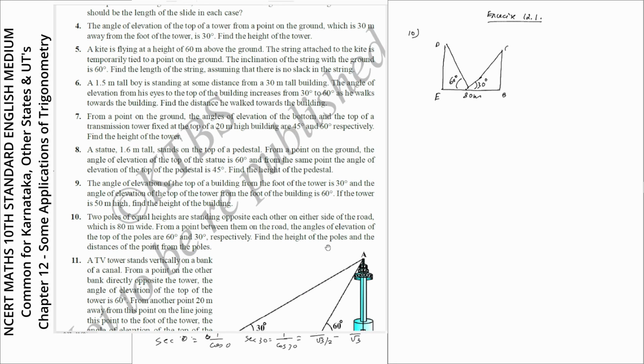Now I should find the height of the pole, that is D I should find, and BC I should find, and also find the height of the pole and the distance of the point from the poles. I'll call this point as A. I should find EA and AB. Okay, first read the question, understand properly, and then only you proceed.